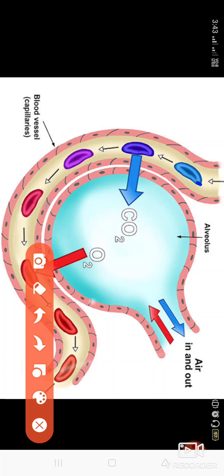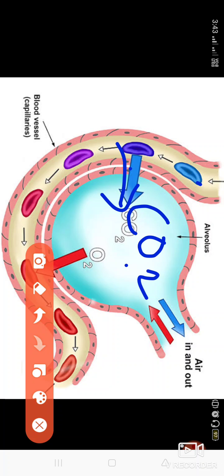Because carbon dioxide is more here and less here, it will move from higher concentration to lower concentration into the alveolar sac. Now one more thing is going on here, because when the blood is passing through these structures, it has more carbon dioxide and less oxygen.